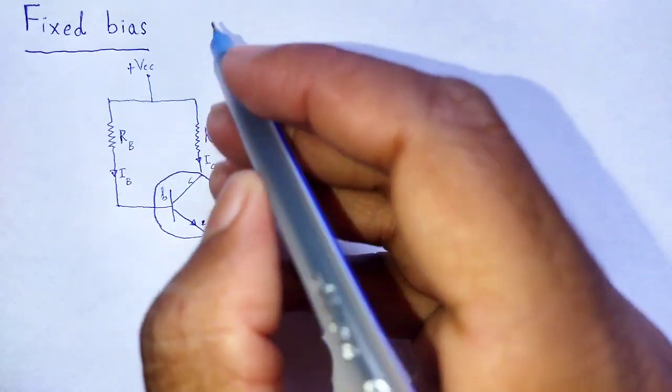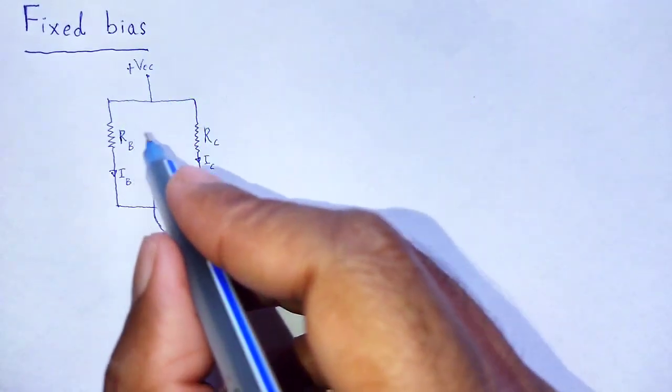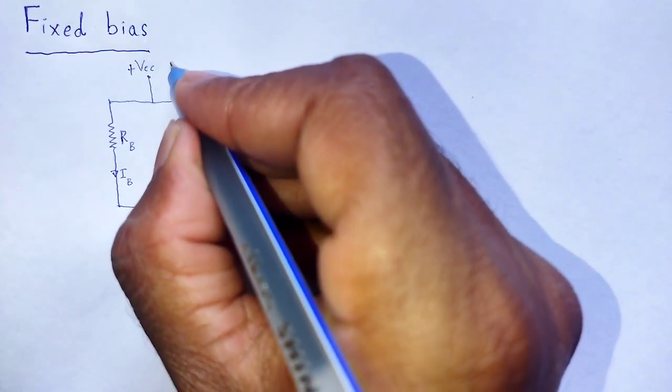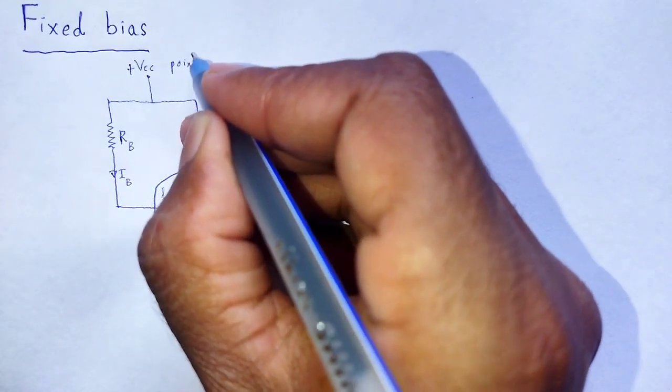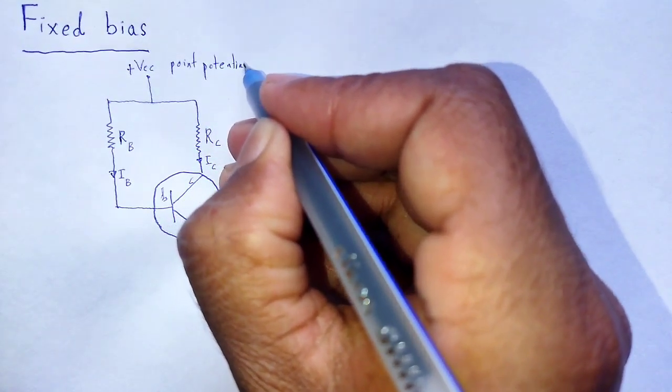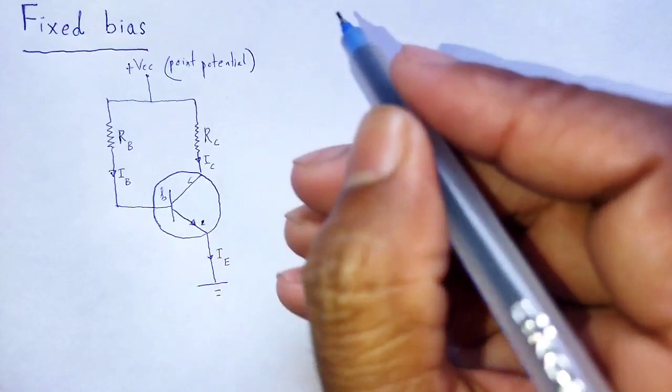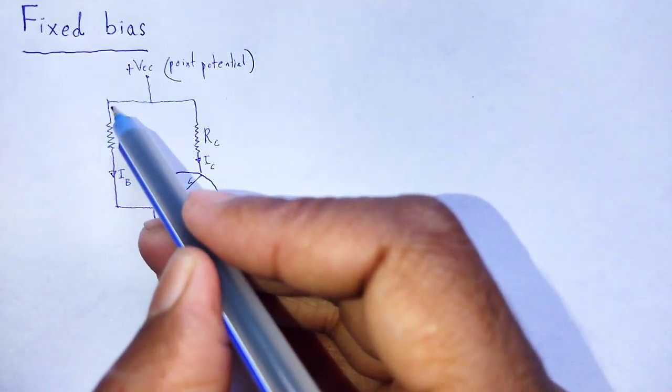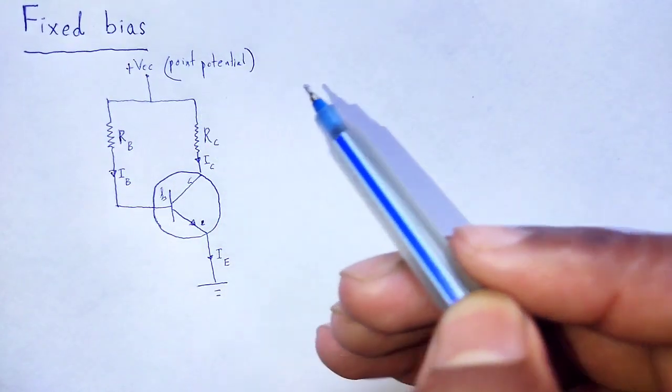That VCC is not a potential difference, that is a point potential. That end is positive, this end is positive.